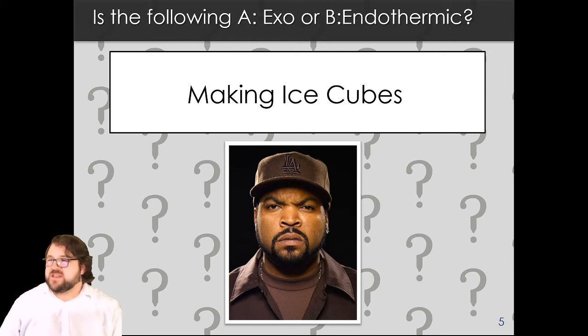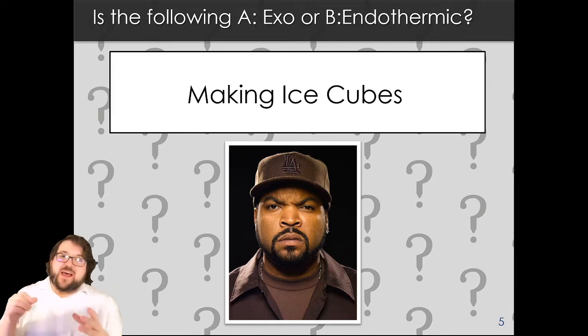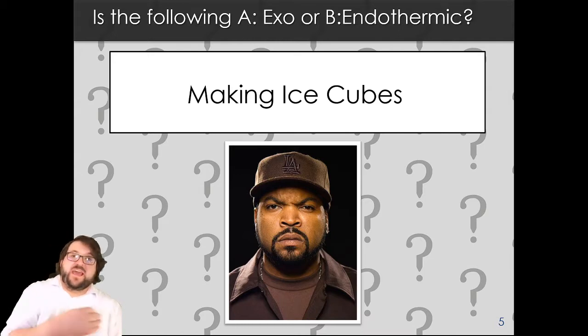So let's start with this: making ice cubes. To make an ice cube, I've got to put it in the freezer. The freezer's job is essentially to remove energy from the cabinet out into the atmosphere. All a fridge and a freezer is doing is moving the energy out.